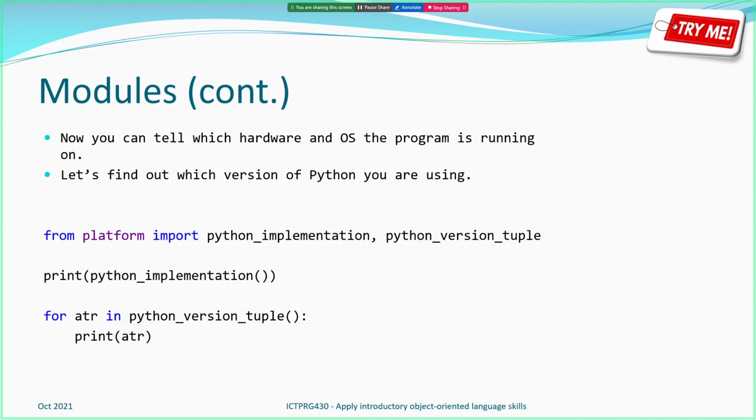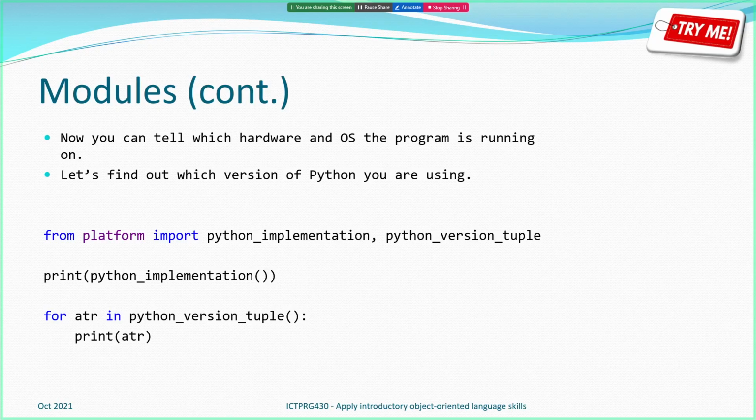So now you've discovered the hardware and the operating system that you're working in, you may want to extract the Python version. Now this extracts relevant information so that you know, because remember, there's a difference between Python 2 and Python 3, and they're not compatible.